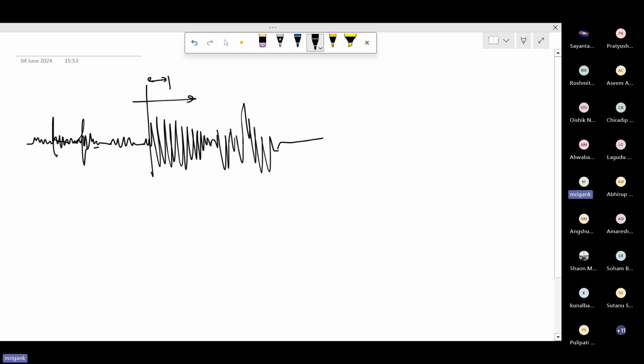Under normal condition also some big spikes can come. It is not that the big spikes will not come, but when the seizure happens, continuously big spikes come for a sufficiently long duration. It can be a few seconds, several tens of seconds, or even a couple of minutes.